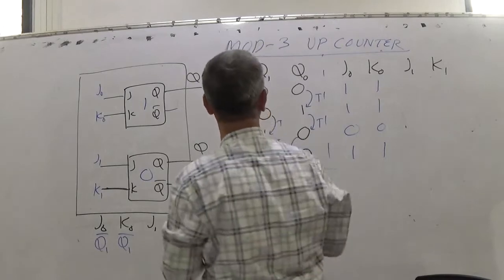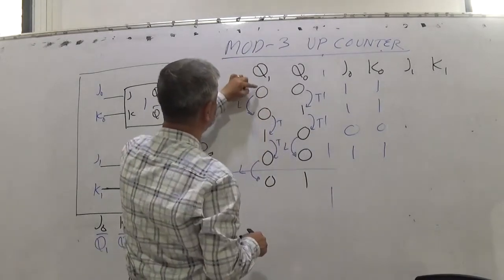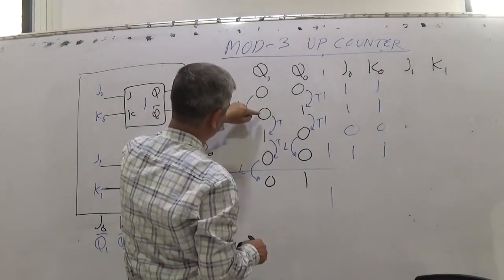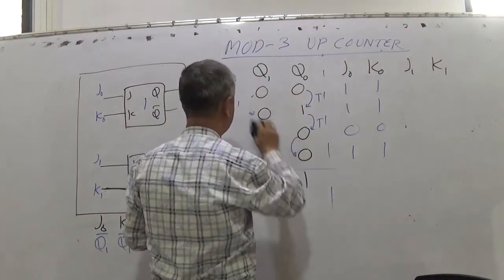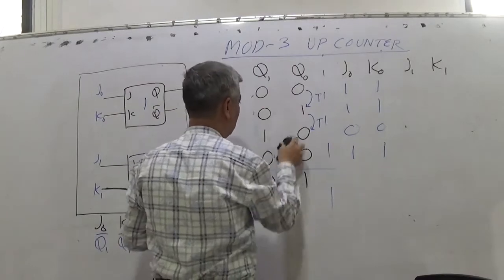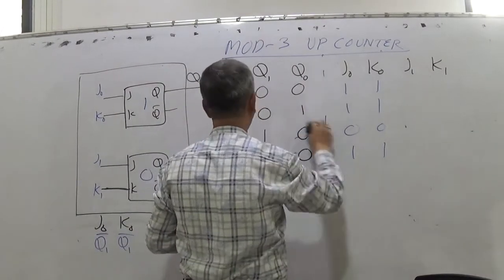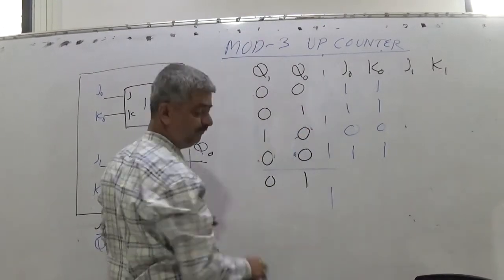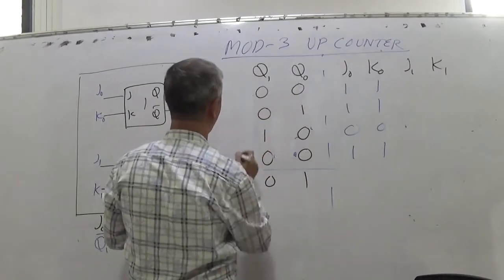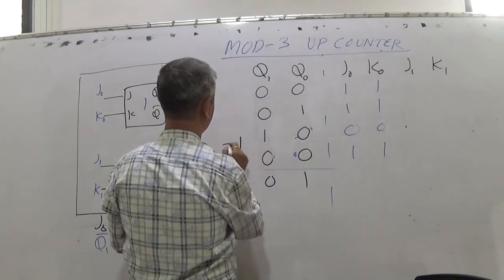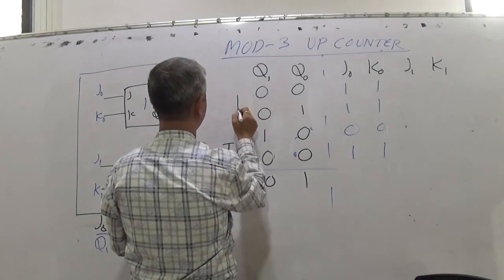So you need not say that toggling is here or last state is here. I will look when there is toggling of Q1. Toggling of Q1 is there only once. It is toggling, and otherwise it is last state.